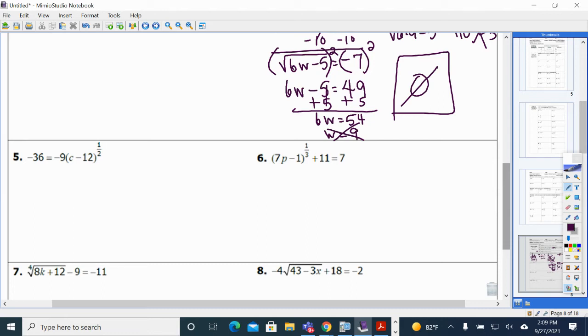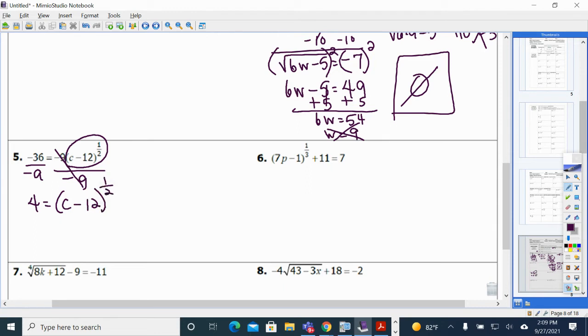We've got to get this thing by itself because technically that is a radical. It's written in a different form, but it's technically a radical. So we've got to divide both sides by the negative 9. Negative 36 divided by negative 9 is positive 4 equals this c minus 12 to the 1/2 power.